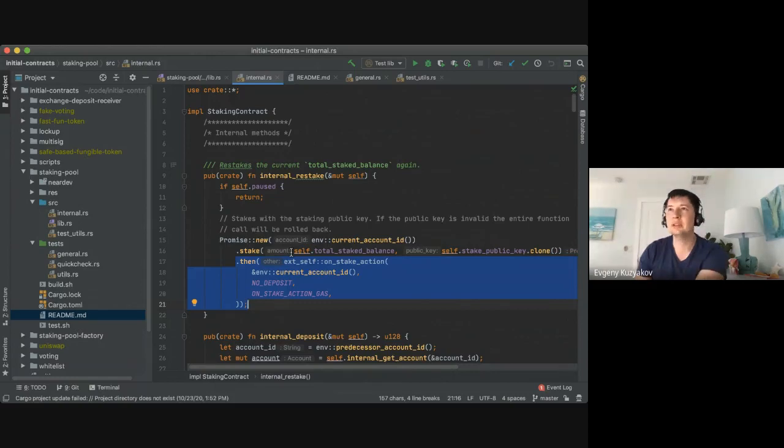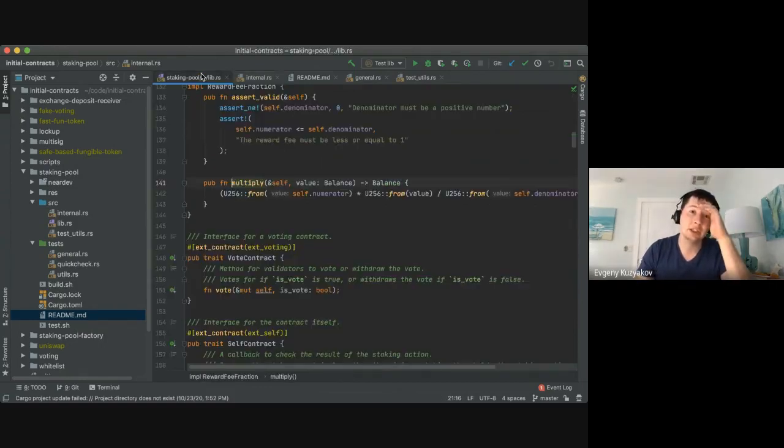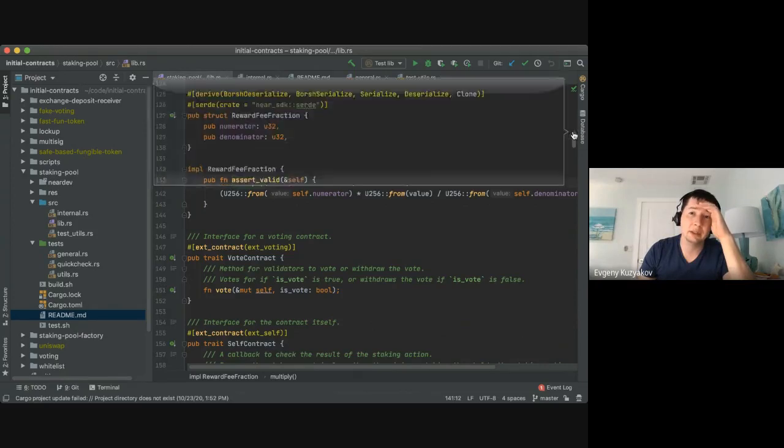So let's say you want to unstake some amount and you dropped your balance below 1/10 of the stake. So the staking action may fail and you will not unstake, while you needed to guarantee that unstaking has to happen. In this case, we have this callback that checks that the staking action has successfully completed.